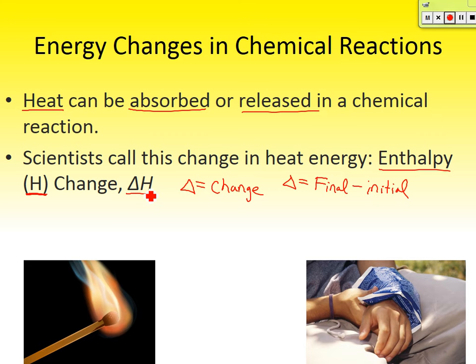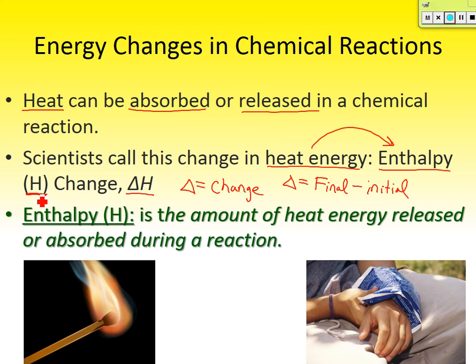And enthalpy really means heat energy. So I just always remember enthalpy is given the symbol H. It doesn't really have anything to do with how it's spelled here. I just remember that H means enthalpy, but it means heat energy.